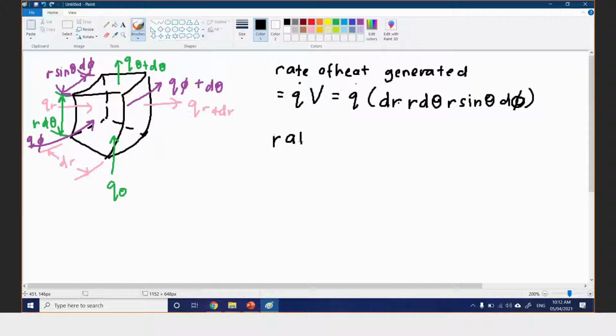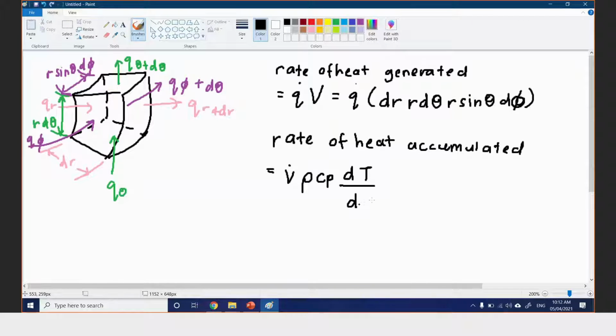So let's do the other one, which is the rate of heat accumulated, which equals V times rho Cp dT over dt.